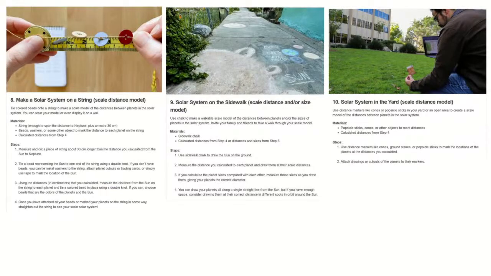So there are different ways to do this, as I mentioned, and you can find these just doing general searches on scale model solar system, or sometimes schoolyard solar system. If you're going to put pieces on a string and you want to get the right distances, that's easy to do.